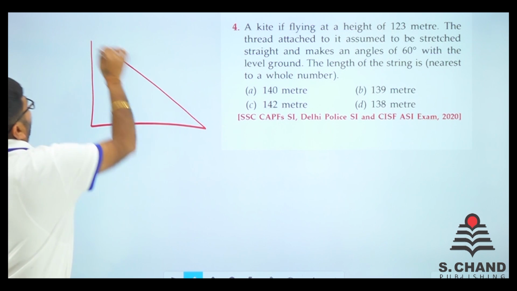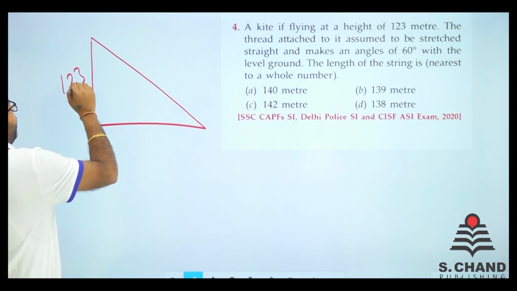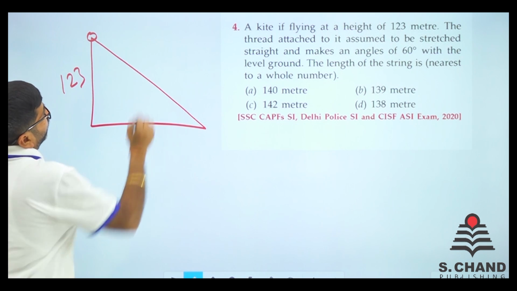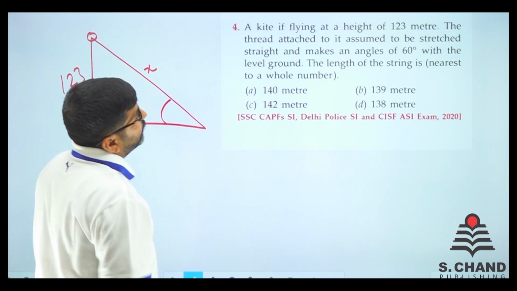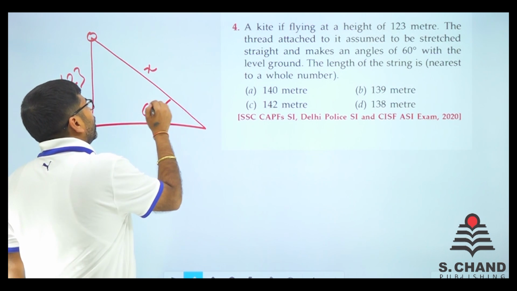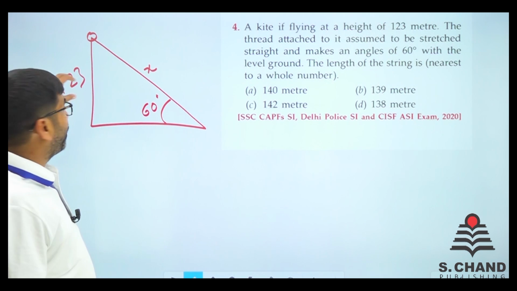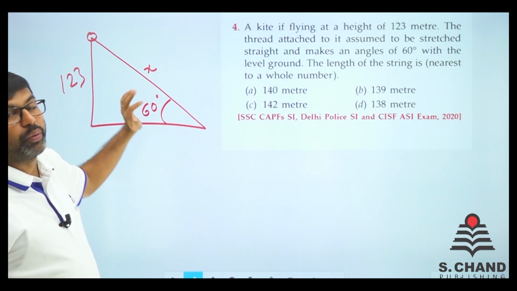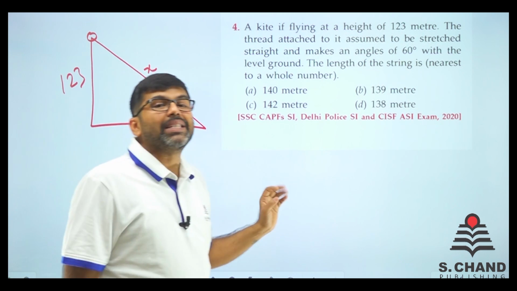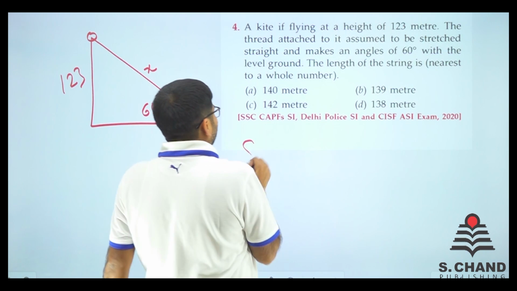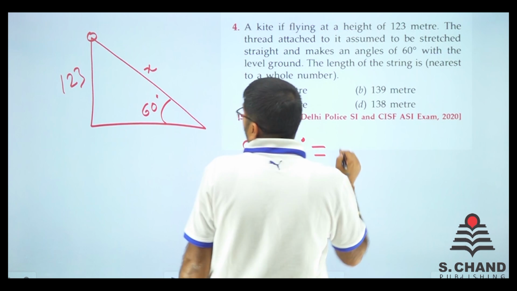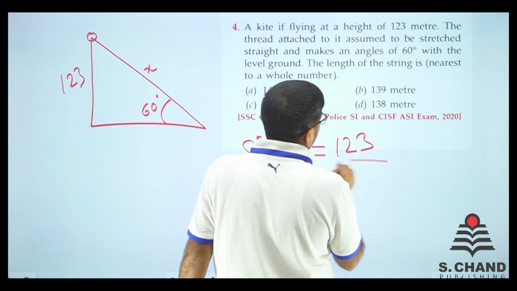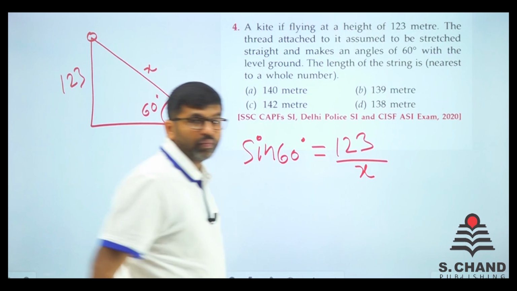So here we go. It is like 123. This is the kite. This is what we need to find out. And the angle made is 60 degree. Right? We have the perpendicular with us. We have the hypotenuse. So P B P H H B, so P upon H. Sine 60 degree is equal to 123 by hypotenuse, that is x.